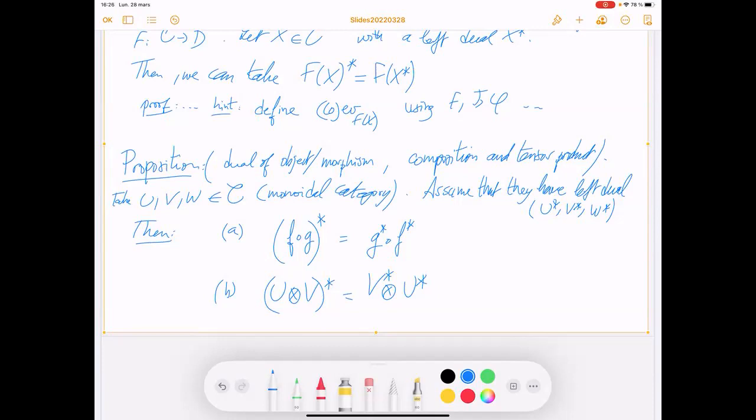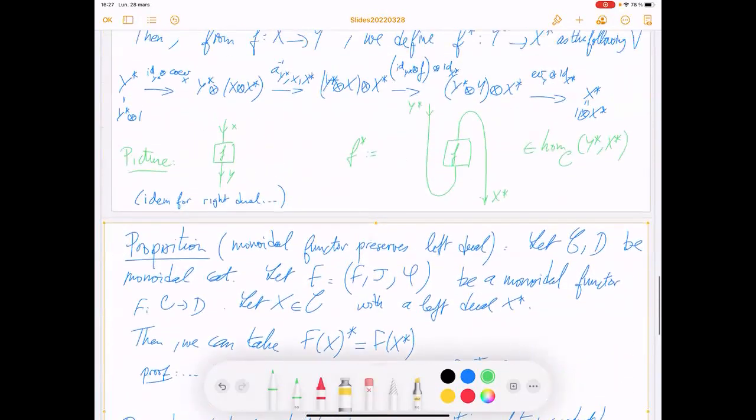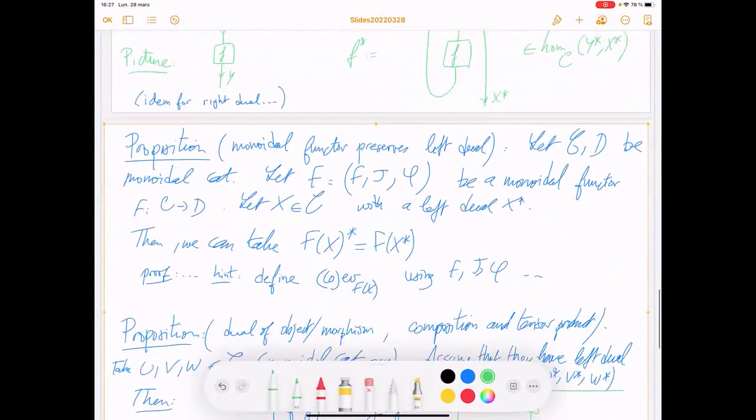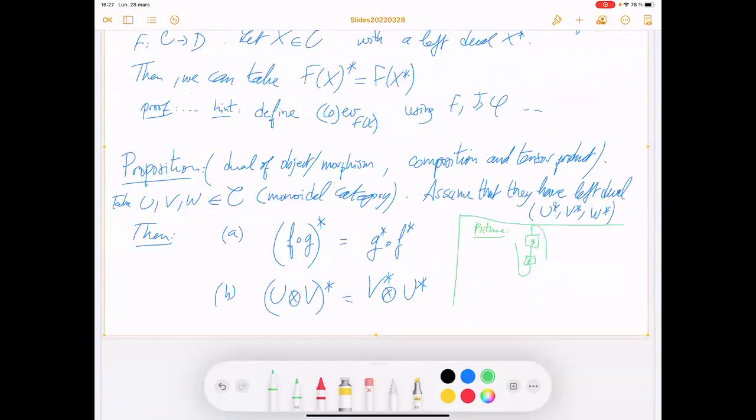In fact, it's easy to see why you should switch once you have the pictorial representation. Picture: you have G, F, and you do the dual. As I said, the dual is like making a rotation.